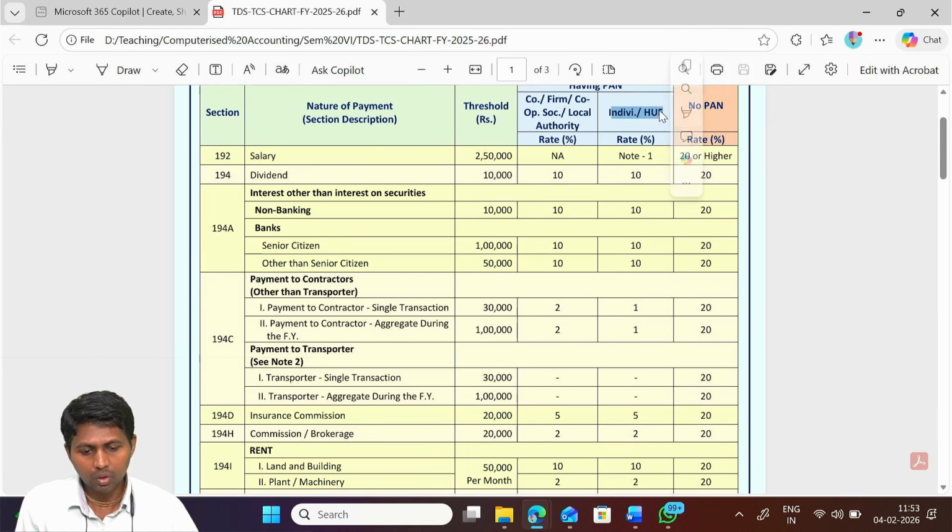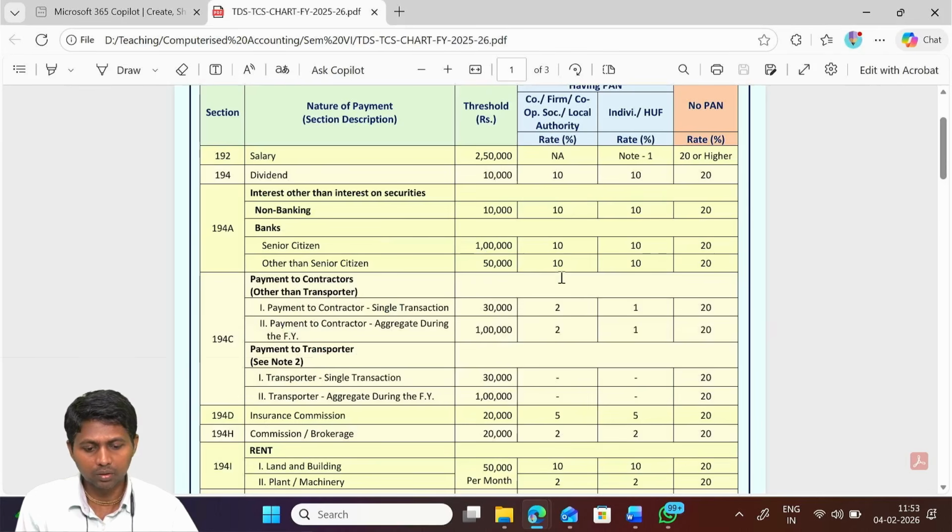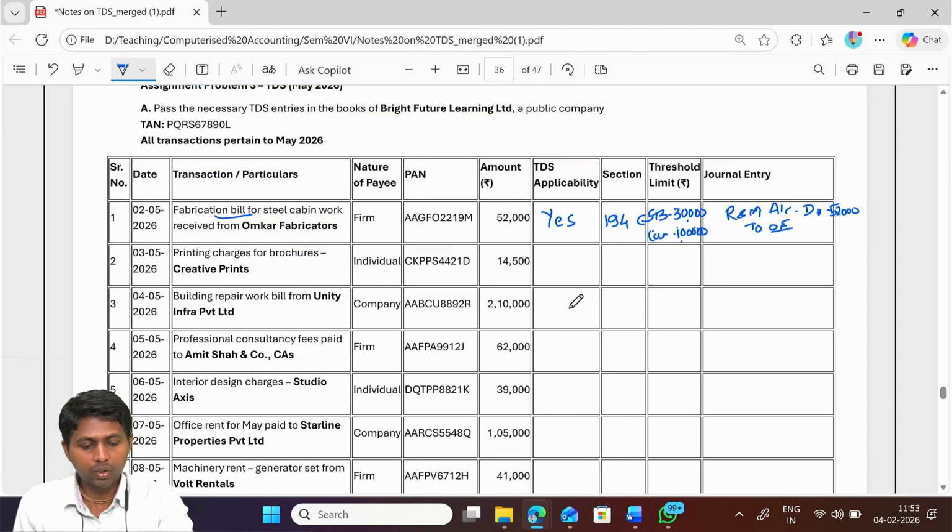This rate is for individual HUF and this is for other than individual HUF, that means company, firm, etc. Now check the nature, we have a firm as the nature, that means other than individual. Therefore the 2% rate will be attracted. 52,000 into 2%, if you do the calculation, you will find 1040. This is the TDS amount. Write down TDS 1040, and then the remaining amount, 52,000 minus 1,040, write that here. Understood? Easy.